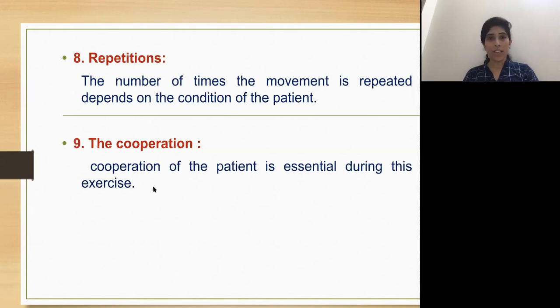Cooperation: for this assisted type of exercise, patient cooperation is a must. Otherwise, as we all know, it will be passive in character, right? So to avoid this passive type of movement, patient cooperation, the understanding of the patient for this movement and patient concentration is a must.